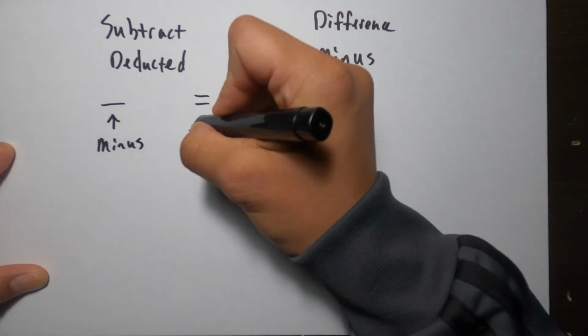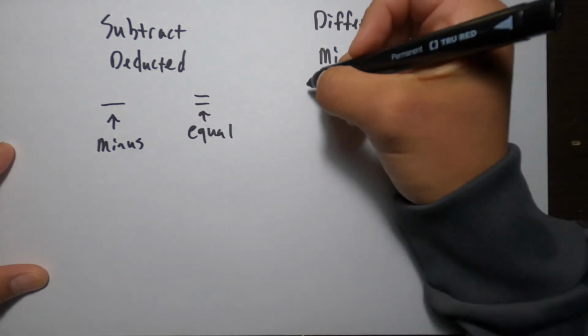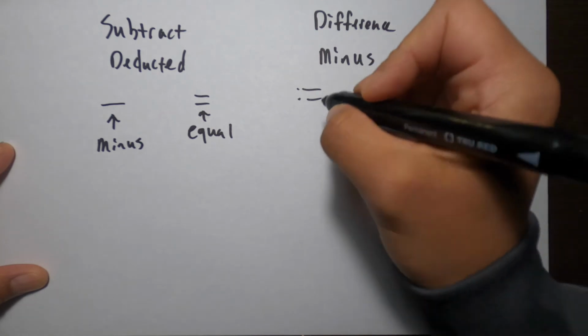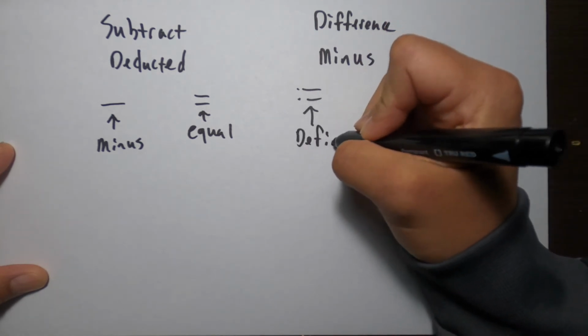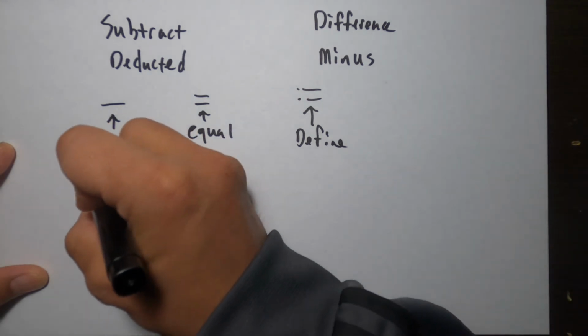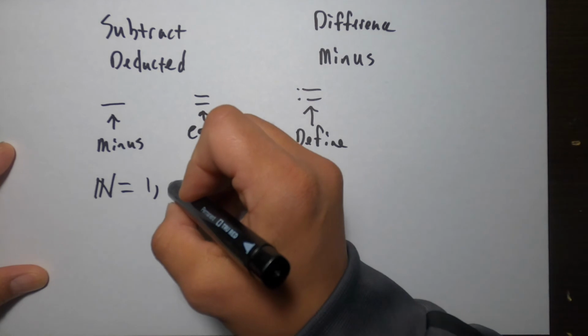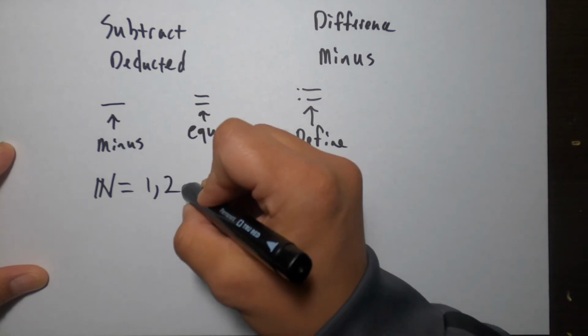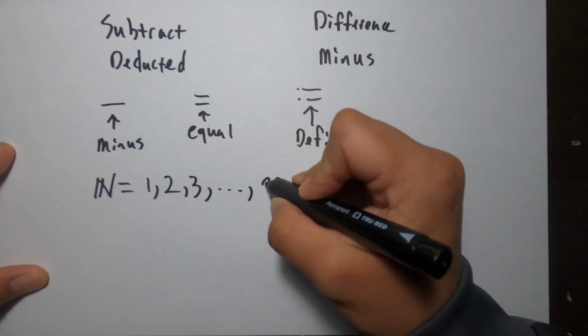Again, we used equal, and we loosely use this symbol as define. We worked with all natural numbers from 1, 2, 3, and we'll say all the way to infinity.